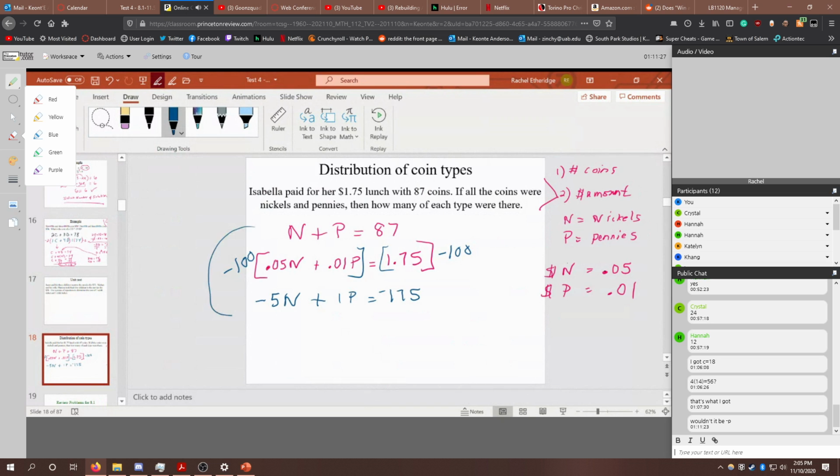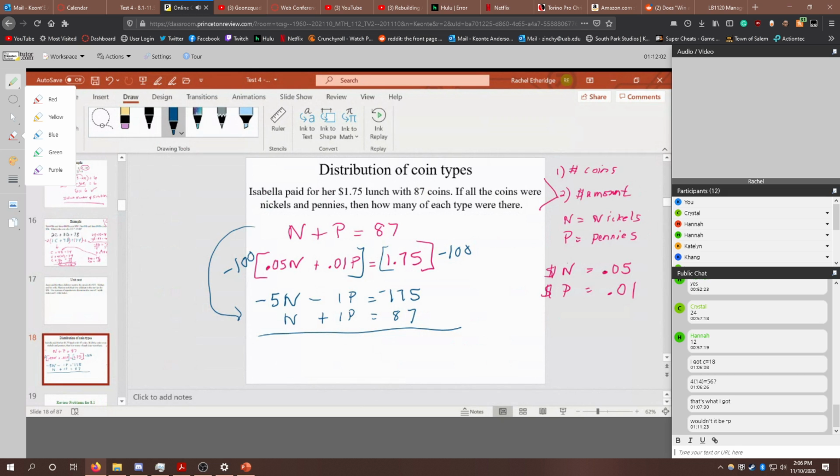So now I'm going to bring this one down. So n plus, wait, that's a minus, sorry. Because I multiply by negative 100, so that should be a negative 1p. So I really don't need the 1, but I just wrote the 1 because I'm about to cancel them out.